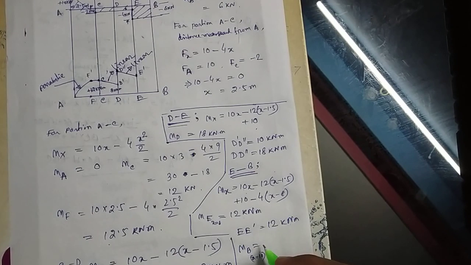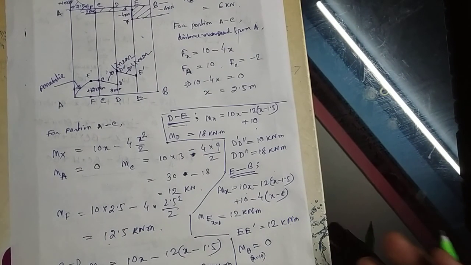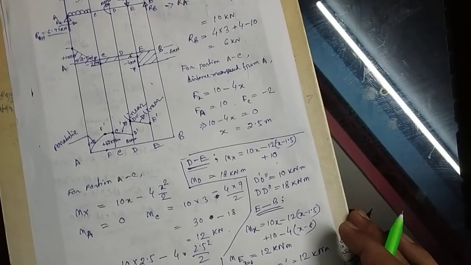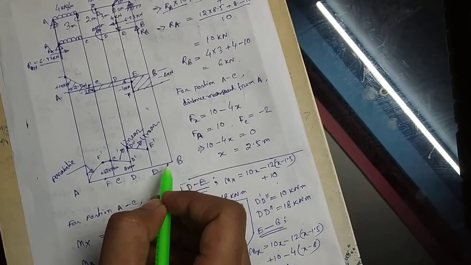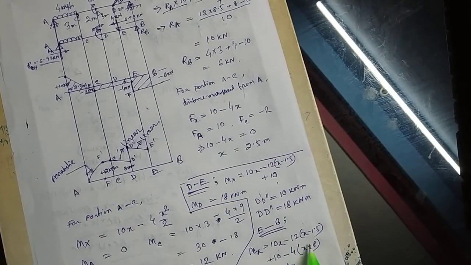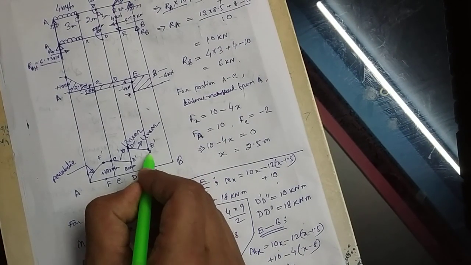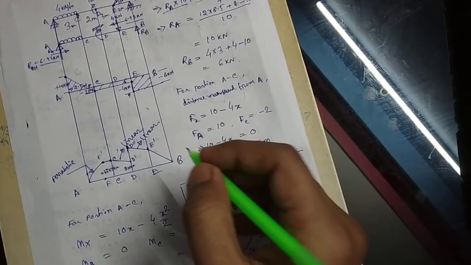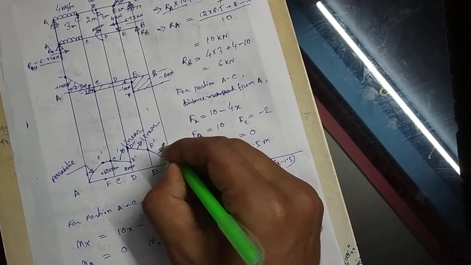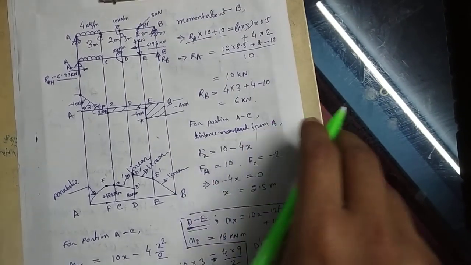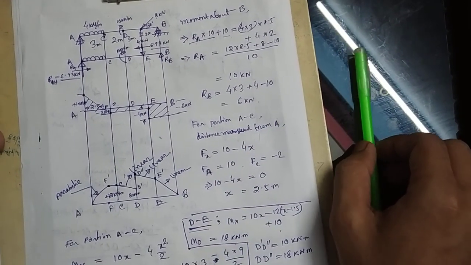We will get the value 0, because on the supports most of the cases we get bending moment 0 in case of a simply supported beam. So from E to B the equation is linear. So from here to here it goes to 0, and this is also linear. So this is what we will get.